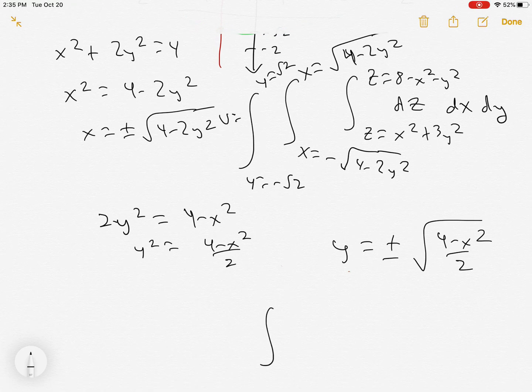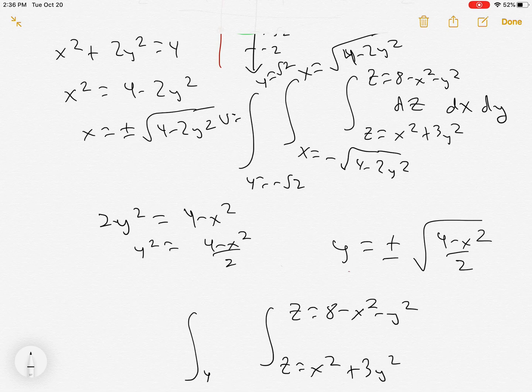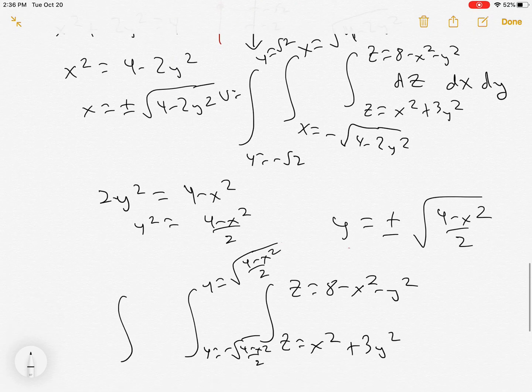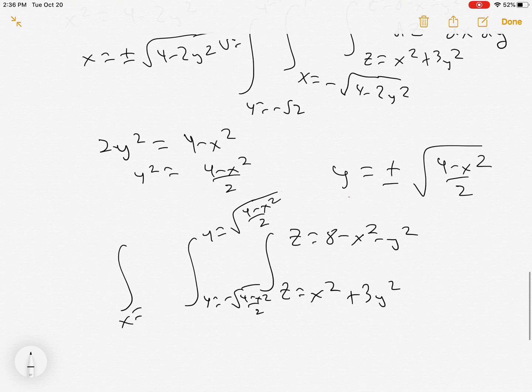So here we're going to get z equals x squared plus 3y squared, z equals 8 minus x squared minus y squared. Y runs from minus the square root of (4 minus x squared) over 2 to plus. And then what does x do? X runs from minus 2 to 2. So this goes dz, dy, dx.